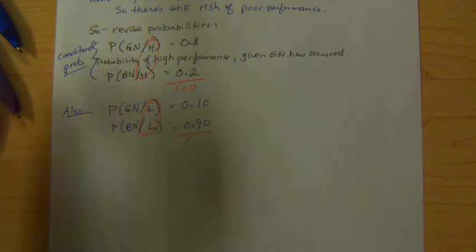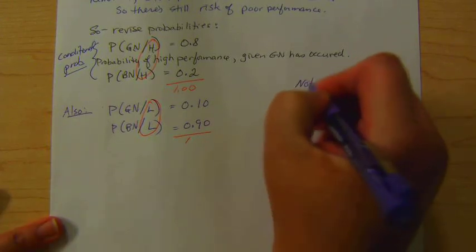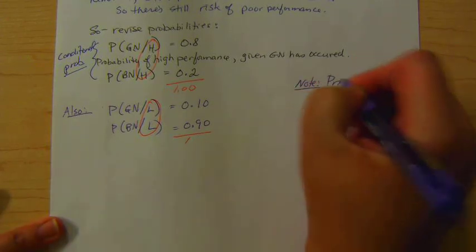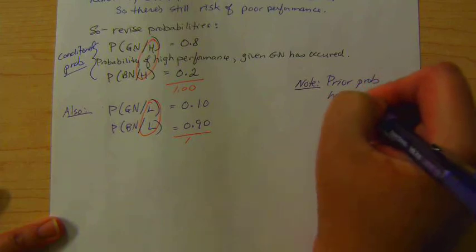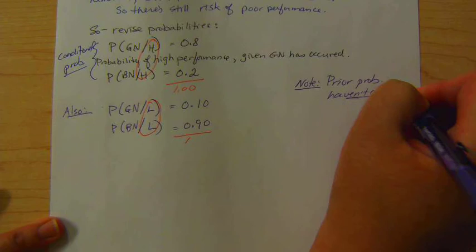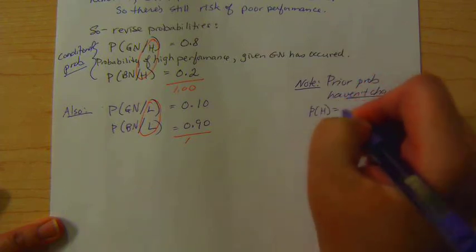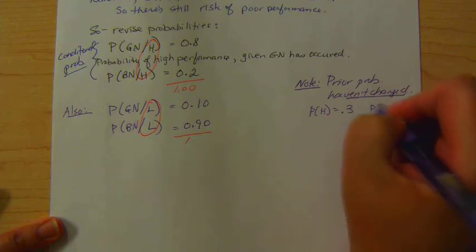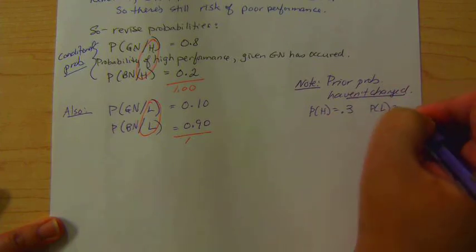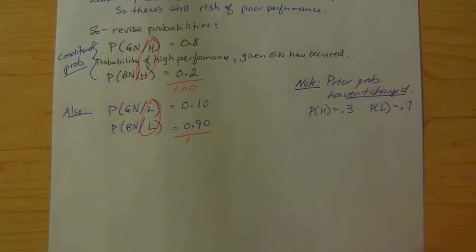Okay, make a little note for yourself. Prior probabilities haven't changed. So probability of high is still 0.3, probability of low is still 0.7. So Bill's original probabilities have stayed the same.